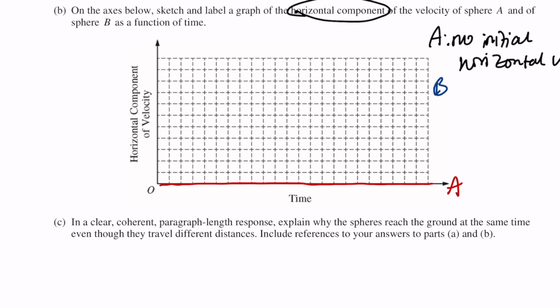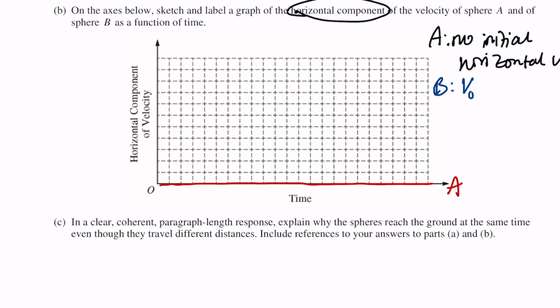Now for B, we're given that it's given a horizontal component of velocity at time t0 with magnitude v0. And if we think about it, the horizontal component always remains the same throughout the entire time of flight because there is no horizontal force acting on it, as we mentioned in part A, because the only force acting is the force of gravity.